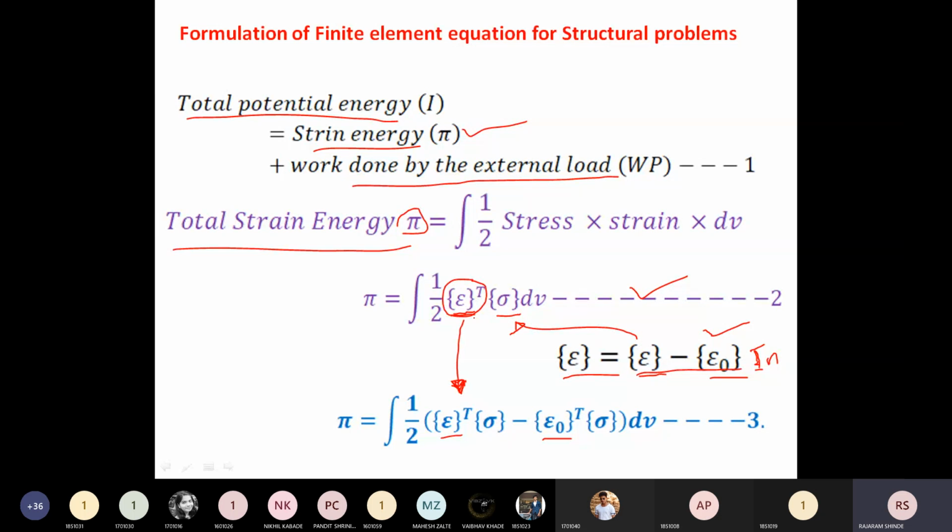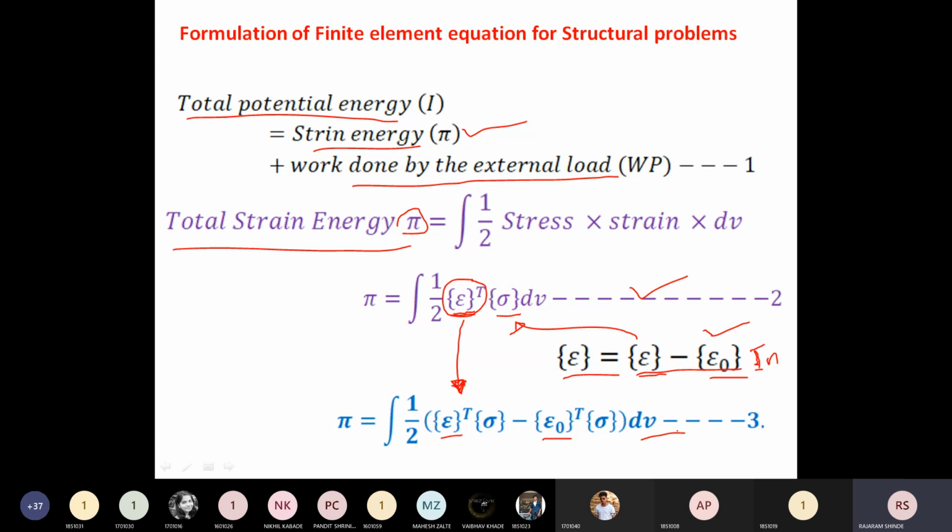Now you will get epsilon minus here half into epsilon into sigma minus half into epsilon 0 into sigma and integration of whole term over the volume. Any doubt in equation number 3? Have you got it? If you have doubt, you can ask me.